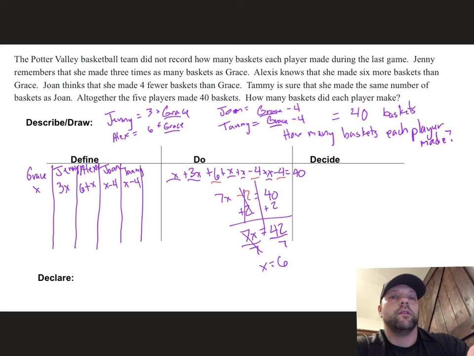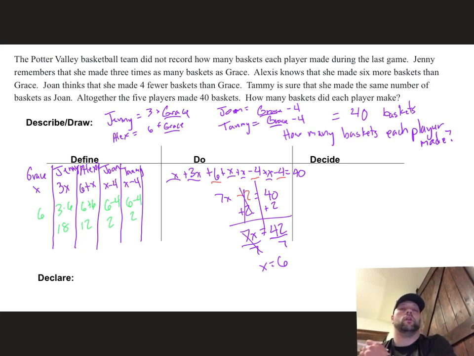So that means Grace is 6. 3 times 6 is going to give me 18. 6 plus 6 is going to give me 12. 6 minus 4 is going to give me 2. 6 minus 4 is going to give me 2.